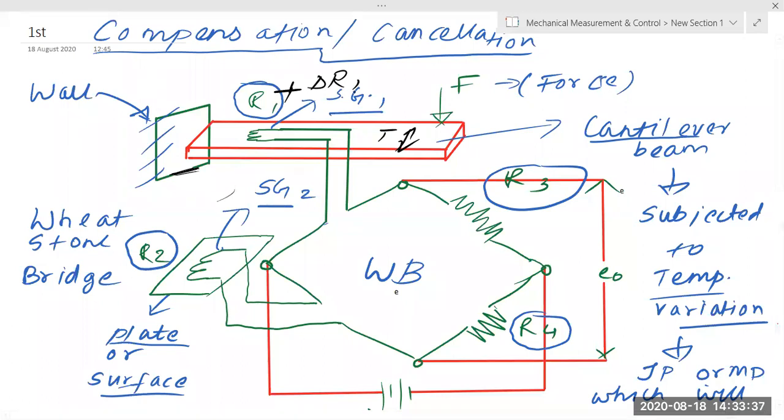Let that resistance change be called delta R1. Since both the systems are kept in the same environment, if there is some temperature variation, there will be some resistance change of the strain gauge. Similarly, we will also get some resistance change here, because both the systems are kept in the same environment.